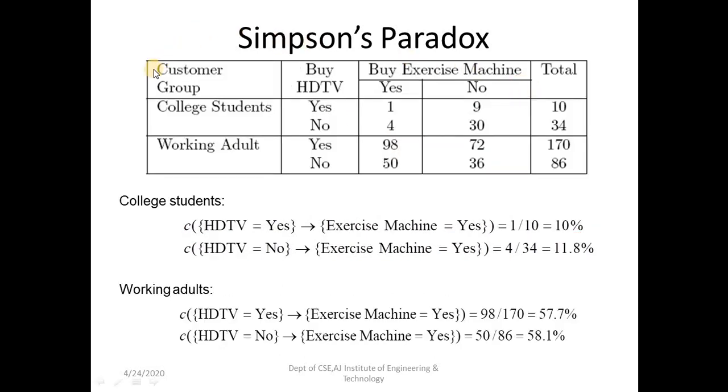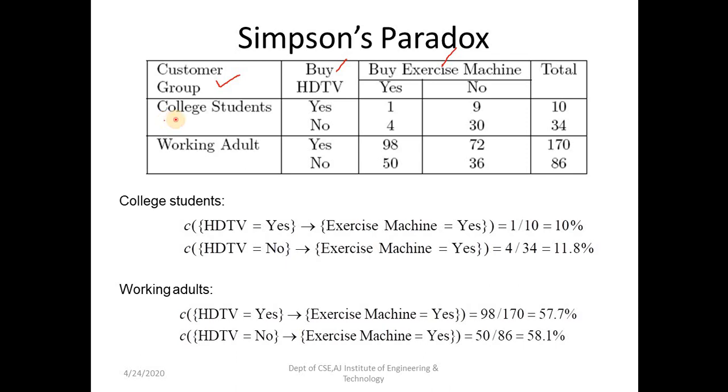Next, let us see over here. This is a three-way contingency table. Here, along with buy HDTV and buy exercise machine, we have added one more factor, that is customer group. So it is three-way: customer group, buy HDTV, buy exercise machine.